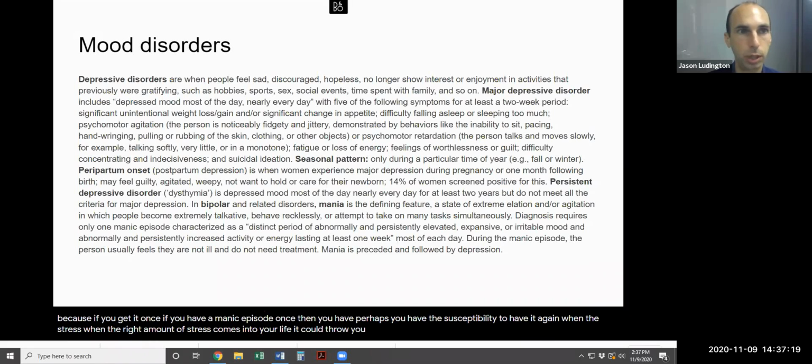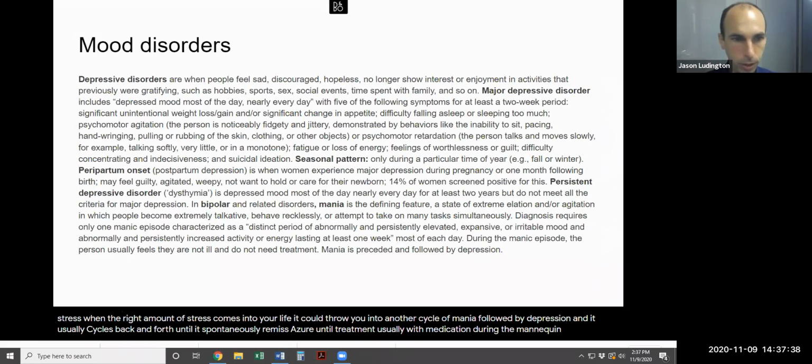It could throw you into another cycle of mania followed by depression, and it usually cycles back and forth until it spontaneously remisses or until treatment, usually with medication.